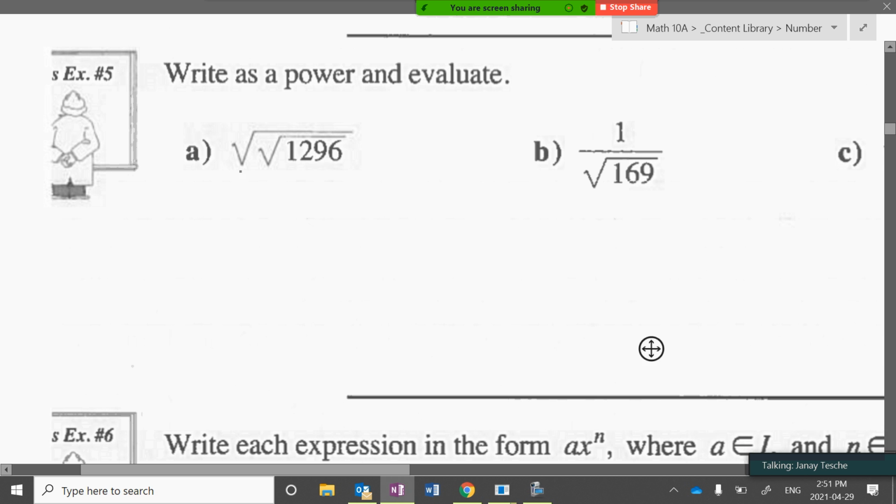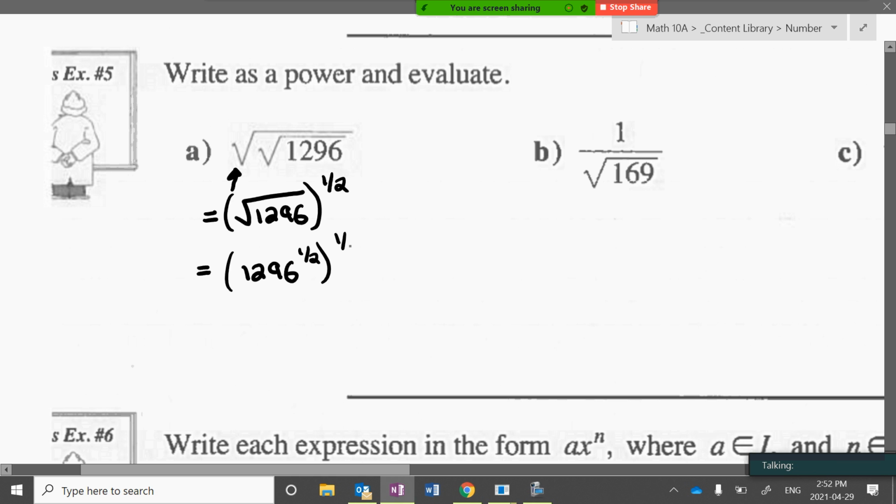So when I change this first radical on the outside, I would rewrite this to be the square root of 1296 to the power of a half. Now when I change this bracket, with the one root symbol of 1296, that becomes 1296 to the power of a half, to the power of a half.